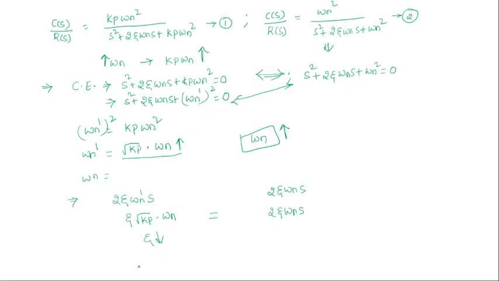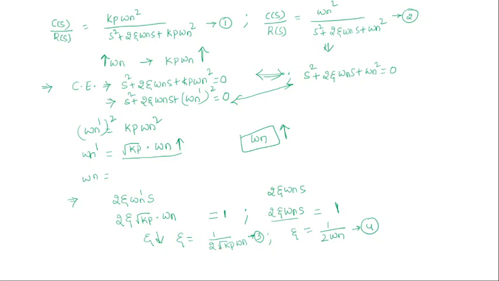For example, if I equate this one to 1, and I am also equating this one to 1, then zeta equal to 1 by 2 root Kp into omega n, and here zeta becomes 1 by 2 omega n. Let me call this equation 3 and this equation 4.